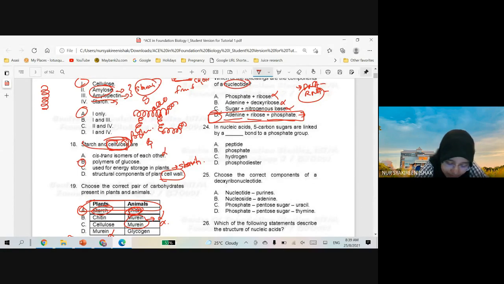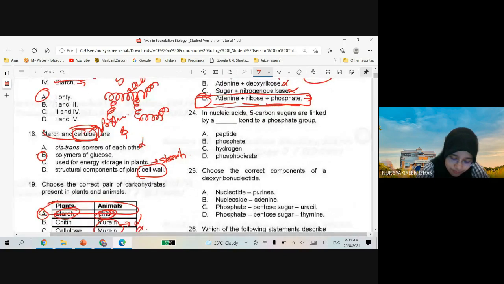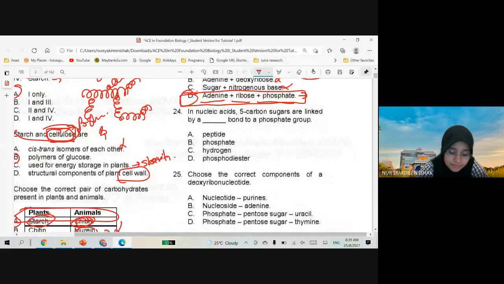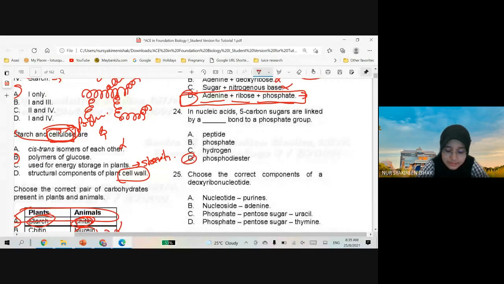Phosphodiester. That is the linkage or bond. So phosphodiester bond or phosphodiester linkage is the bond that links together the nucleotides, between the nucleotide monomers within DNA or RNA.